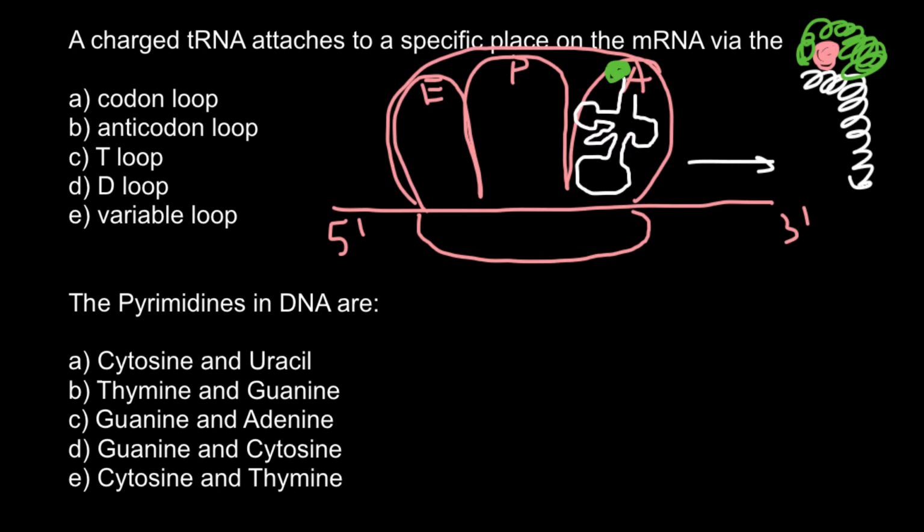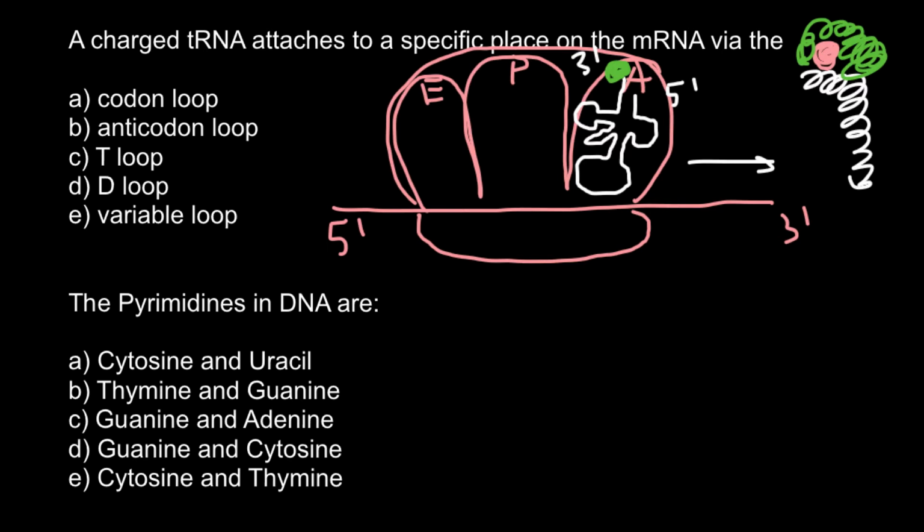So this end would be the 3' end of the tRNA, and this end would be the 5' end. If we would stretch this tRNA, we would have the 3' end here and the 5' end here. So both messenger RNA and tRNA would go in different directions, just like in double-stranded DNA.